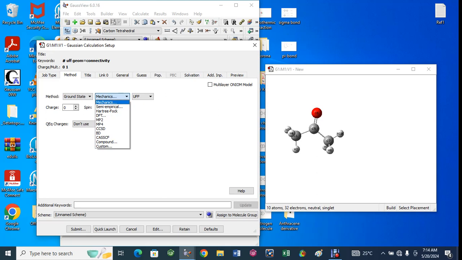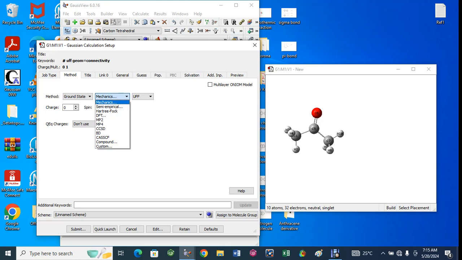But in terms of accuracy, it is not so accurate compared to its counterparts. It is the least accurate method that we can have computationally. So molecular mechanics is very fast, but the result obtained is less accurate.